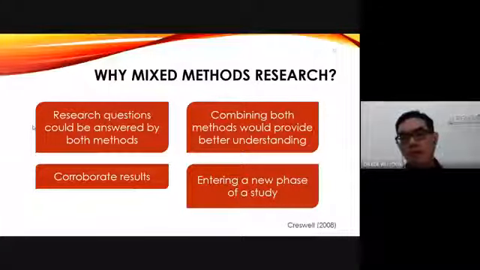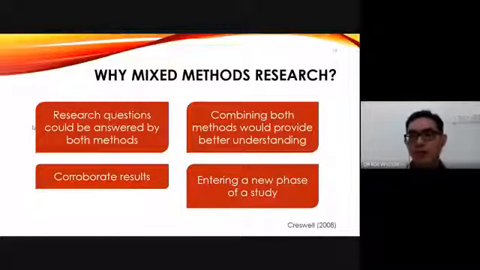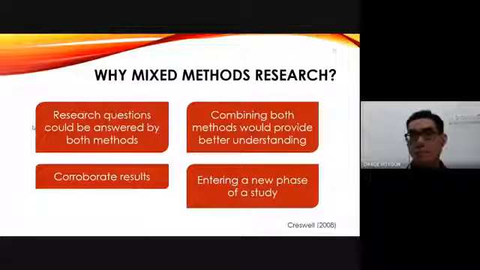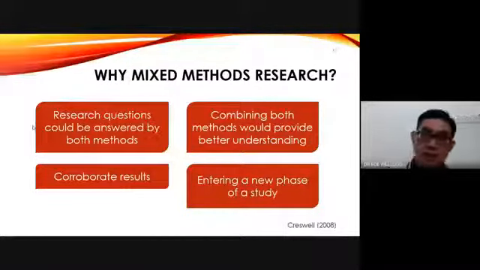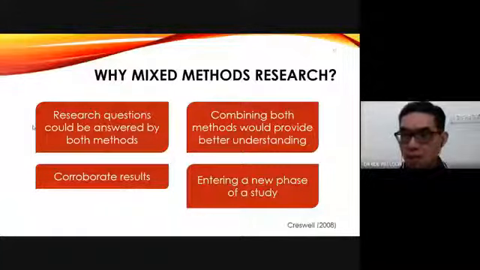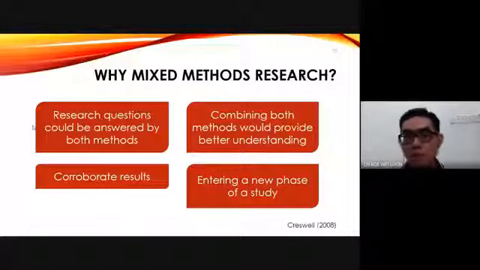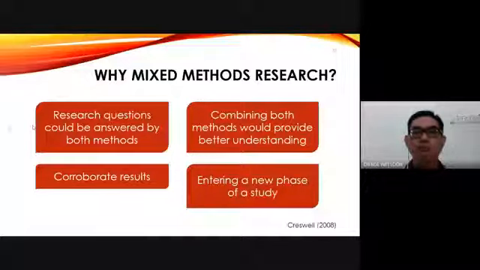But maybe you have another research question: why do customers feel satisfied? When you want to know why, you may need to conduct interviews, to get some inputs through interviews to answer why customers feel satisfied. So if you have those types of research questions, your research question has to be answered by both methods.